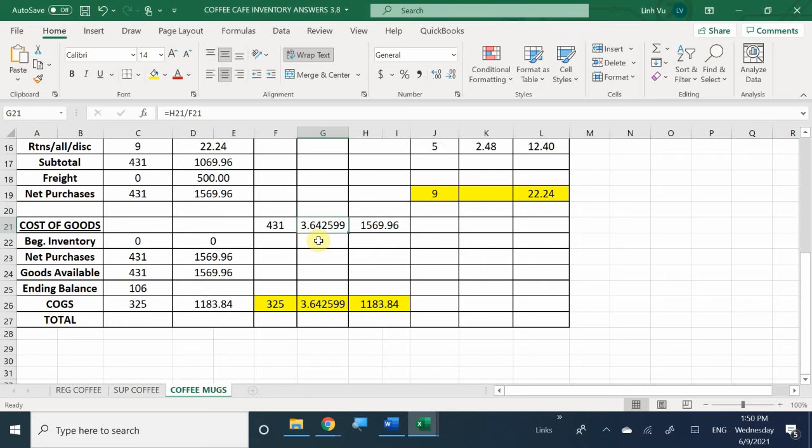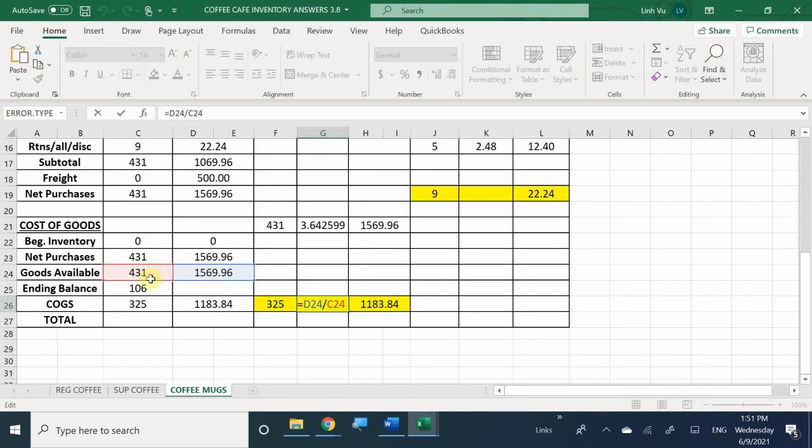Now, did you just carry that 3.642 straight down? No, I just typed in the formula again, but this time I linked it from here. Because I think you guys weren't getting where the numbers came from, so I put it up here. So I just used it from these columns here.